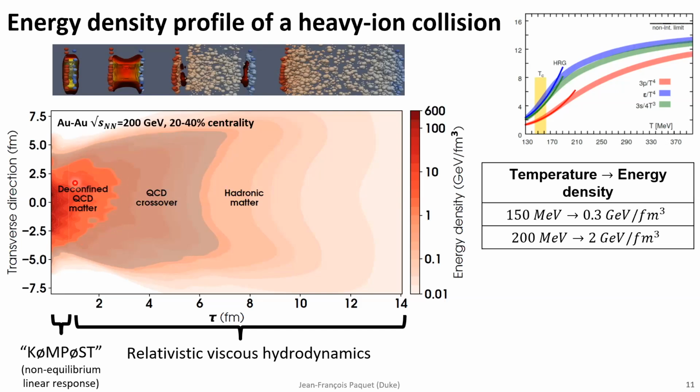You can see that you do have regions of high temperature, high energy density, but you also have a large region of temperature or energy density that is in the crossover region. So what we hope in heavy ion collisions is that we can constrain the viscosity, hopefully at high temperature, but at the very least in this deconfinement region between 100 to 200, 300 MeV.